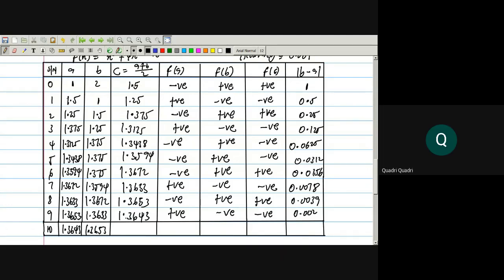1.3648. What does it get? 1.3648. So what do we have here? 1.3648 is negative. This one is positive. The other one is positive.